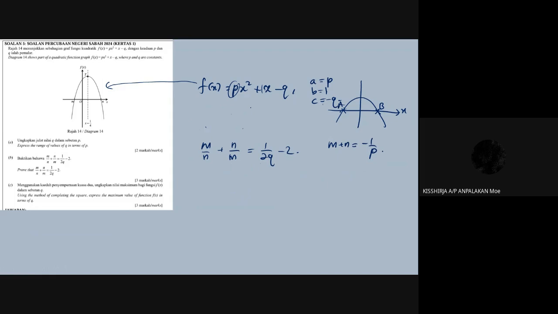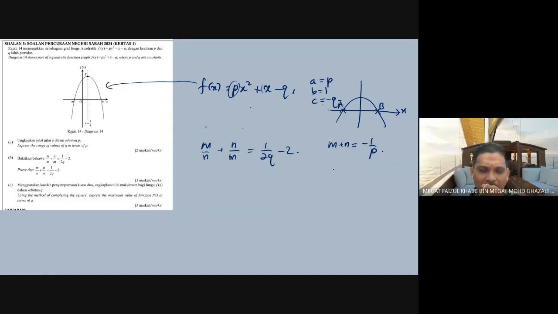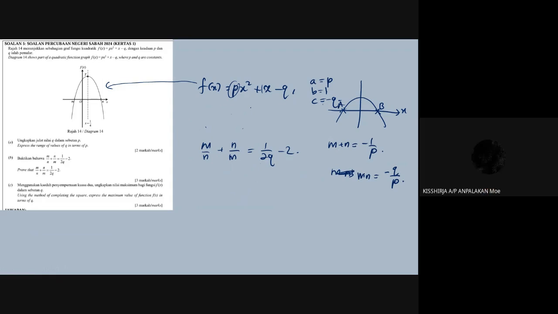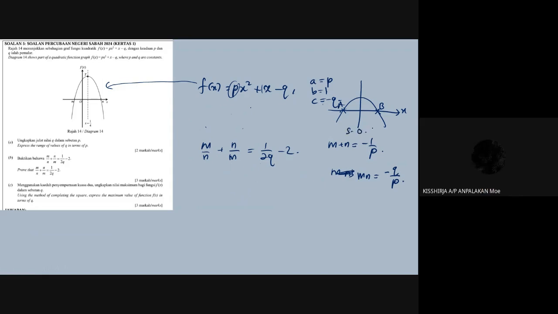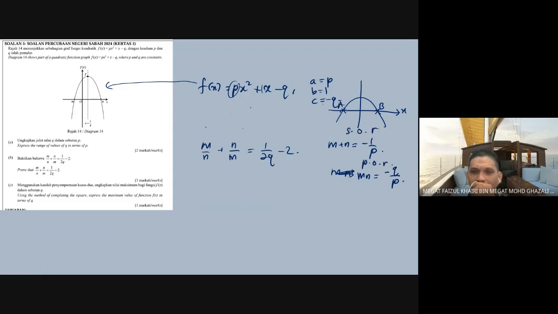Given here, m plus n equals negative 1 over p, and mn equals negative q divided by p. Is this the sum of roots and the product of roots? Yes, the sum of roots and the product of roots.